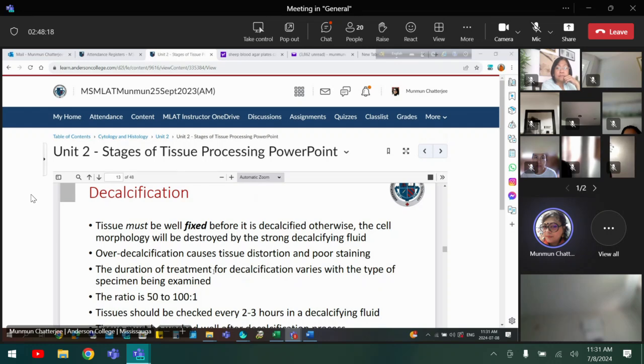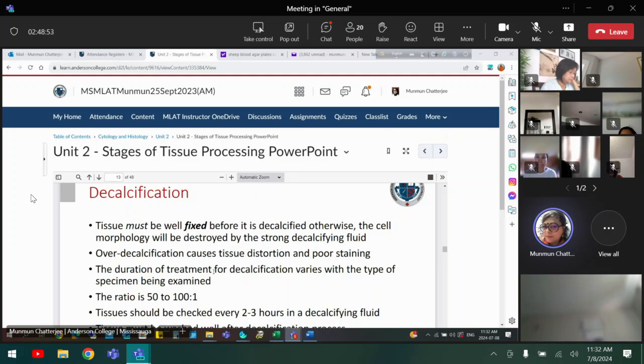So the tissue has to be fixed properly, because the decalcifying agent has a stronger effect, since it is taking out the calcium from the tissue. So the fixation should be so hard that it cannot be overruled by the decalcifying agent. Only the calcium can be taken out. Over decalcification causes tissue distortion. So you have to be very careful.